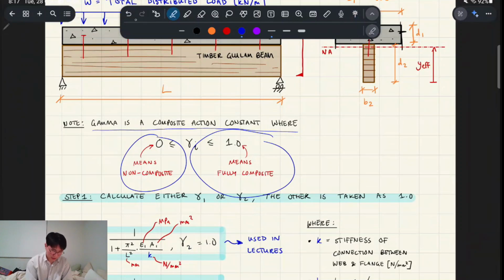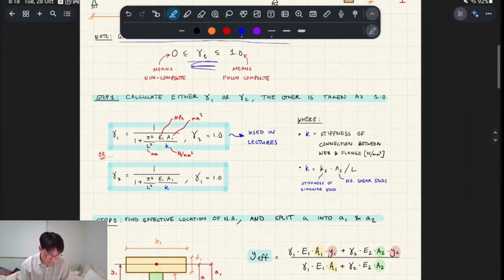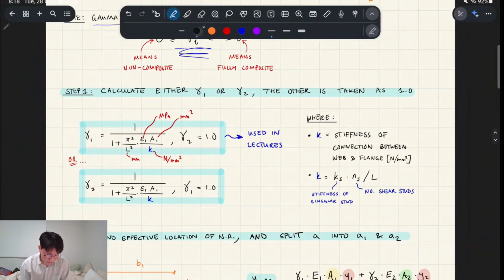So like reinforced concrete. So anything in between is partially composite, and that's where the gamma method, you have to use it, right? So what the typical method is you calculate either gamma 1 or gamma 2, so that's gamma of material 1 or material 2.